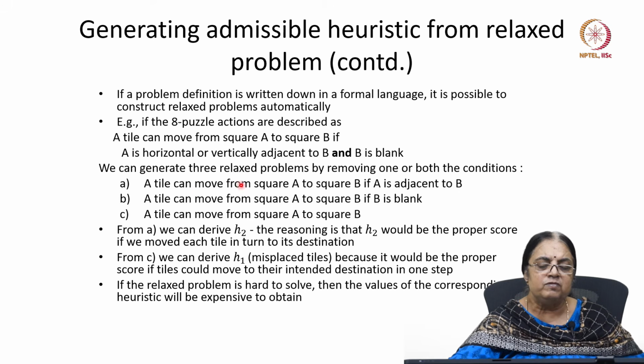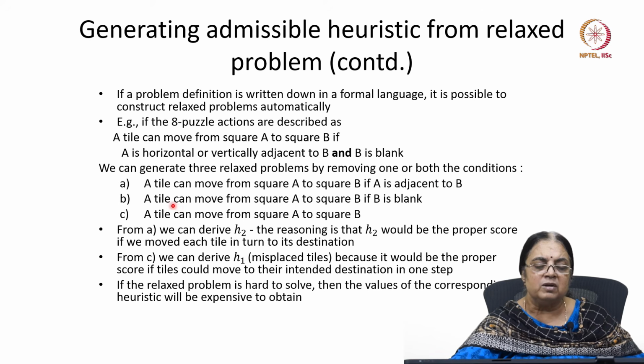A tile can move from square A to square B if A is adjacent to B, and we have removed this condition that B is blank, okay. So that is one condition removed. A tile can move from square A to square B if B is blank, okay. So we have removed that first condition there. A tile can move from square A to square B. We have removed both the conditions, right.